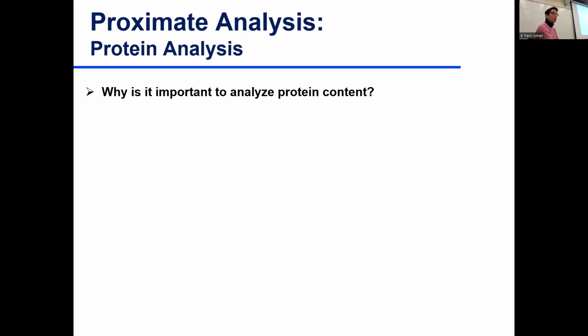We need it for quality assurance. We need it sometimes if you're claiming a high protein on your label, you have to have a certain percentage of protein. So in order to claim a high protein on your nutrition label, you have to have at least 4.2% of available protein, not just total content.